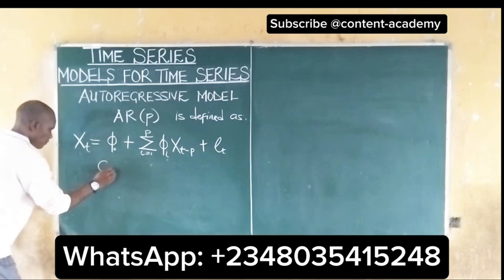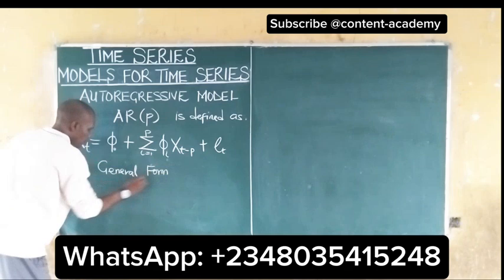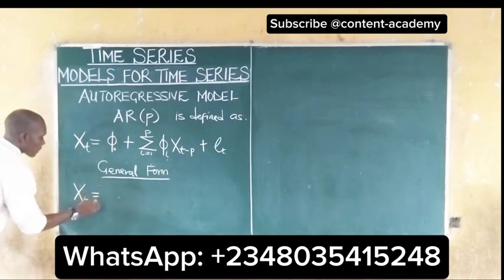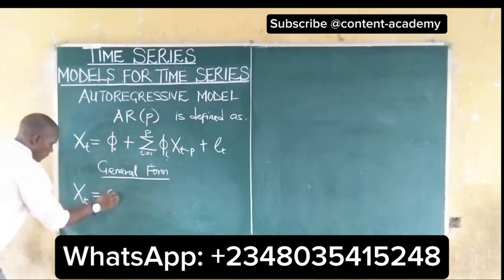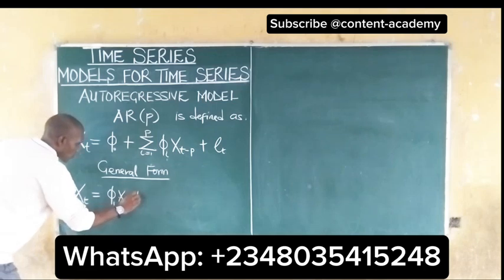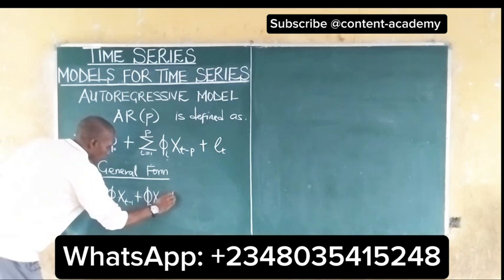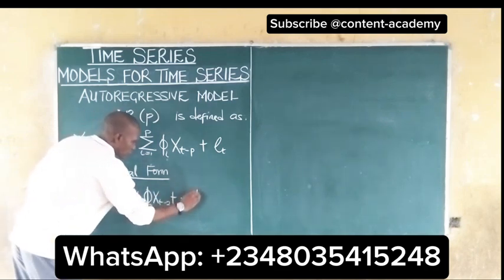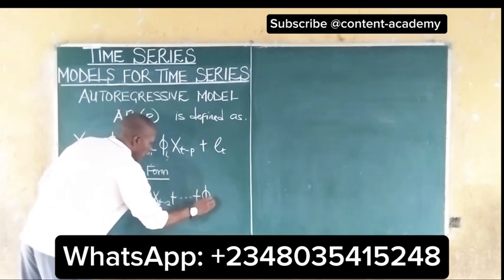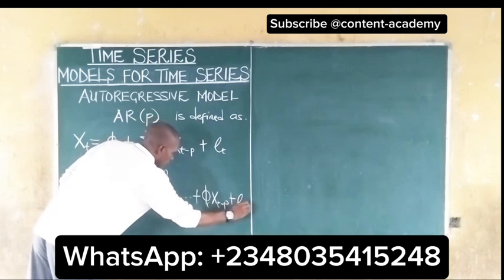Now, the general form of this model can be written as xt equals phi 1 x t minus 1 plus phi 2 x t minus 2 plus, then it continues, plus phi p x t minus p plus et.